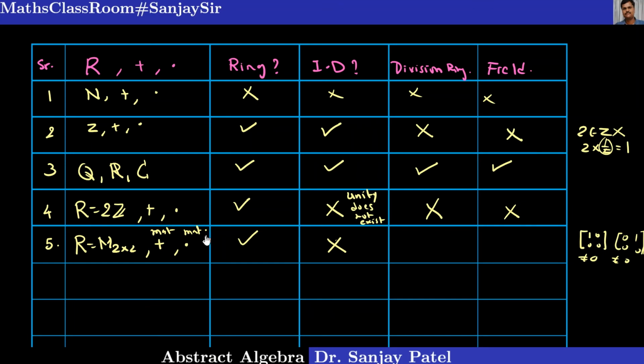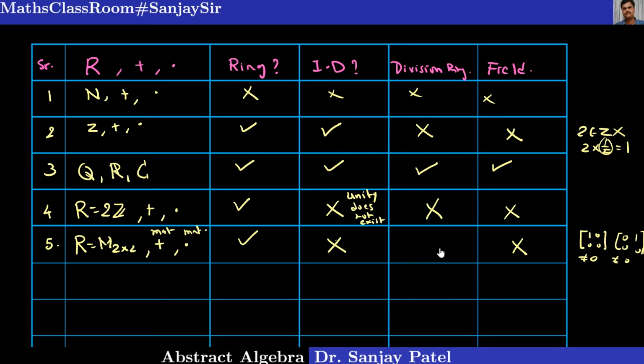So I can say R has zero divisors. So it is not an integral domain. And since it is not commutative, it is not a field. It is not a field. Okay. And is it a division ring?